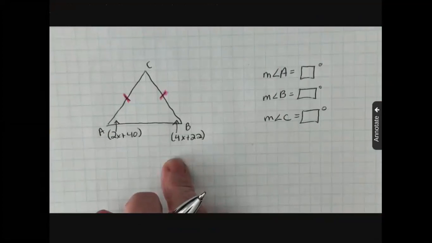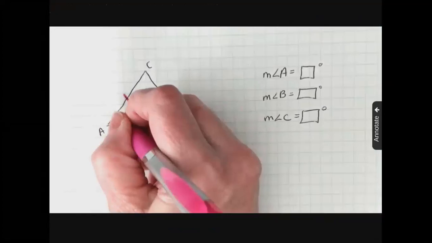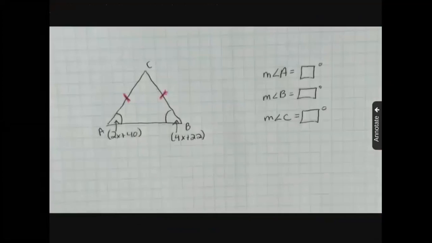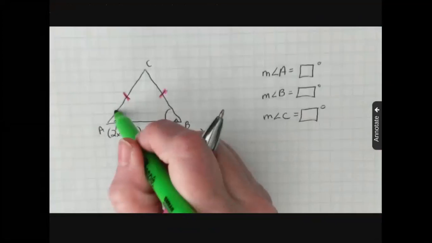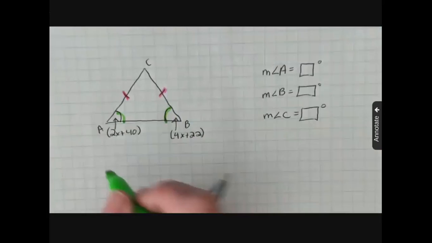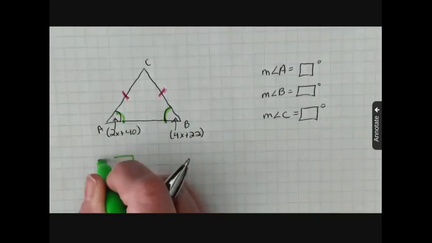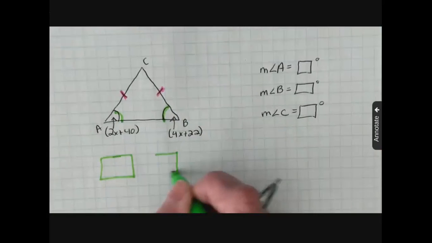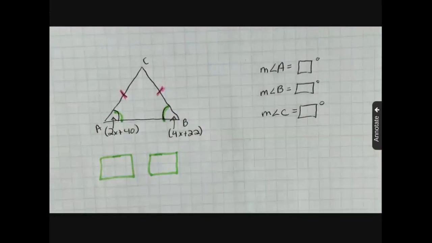So I know these 2 base angles of an isosceles triangle are the same. So they are equal to each other. So I'm going to take one base angle and make it equal to the other base angle.